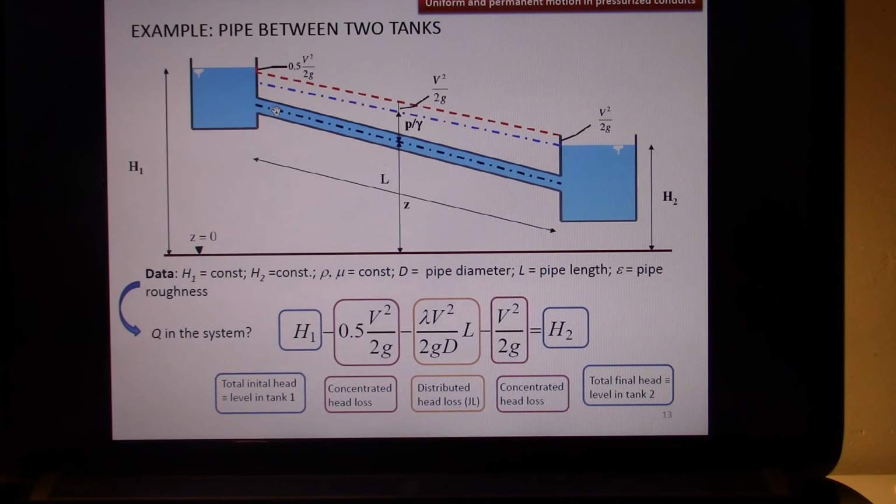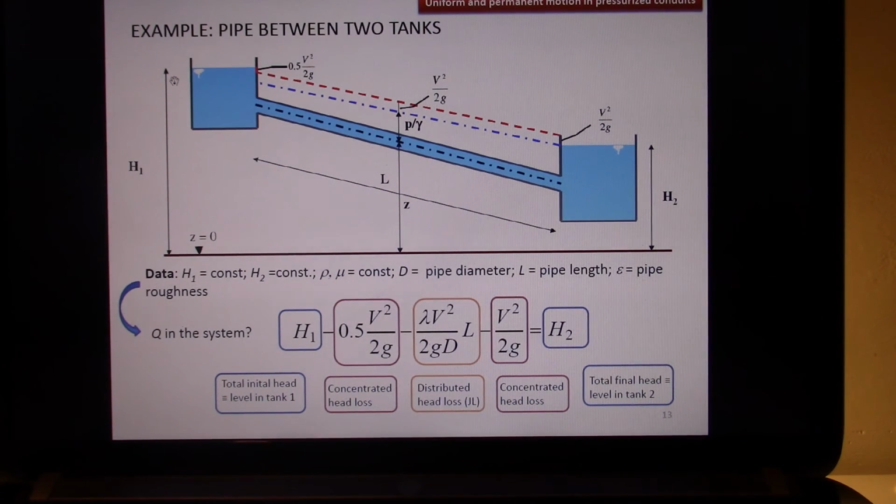One thing that we didn't say before, let's check that when you compute the Bernoulli equation from tank 1 to tank 2, basically you are imposing an equation that is described by the red line in this picture. So the red line right here is similar to this equation right here.